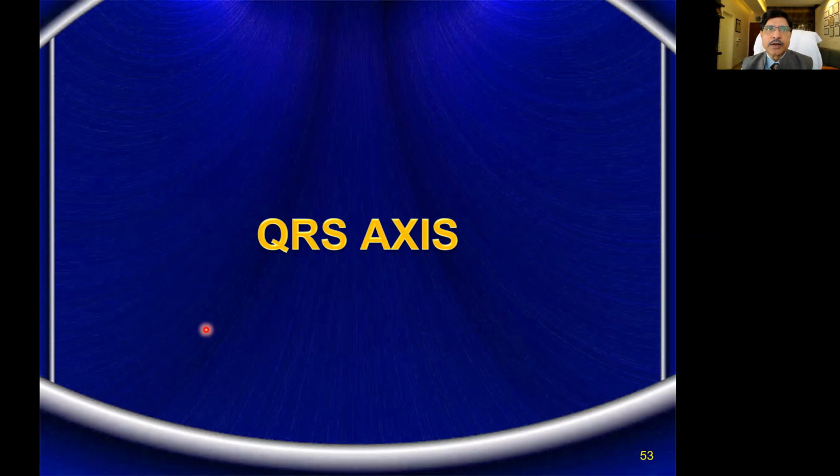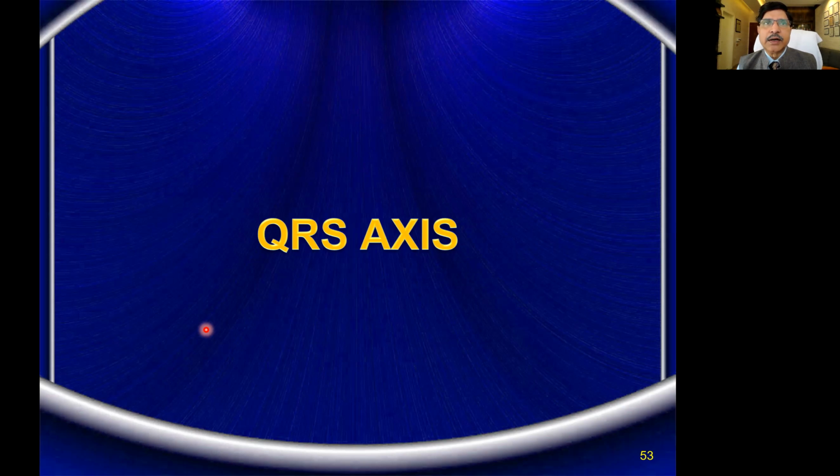Where is it originating? It is originating in the SA node, somewhere on the upper right part. From there it spreads to both the atria, comes to the AV node, with a slight delay there, the PR interval. It enters the AV bundle, then goes through the Purkinje system and activates the ventricle. So the axis is, first of all, leftward. Second, it is downward.